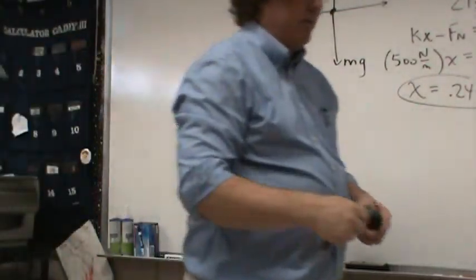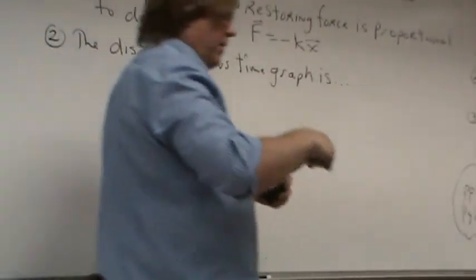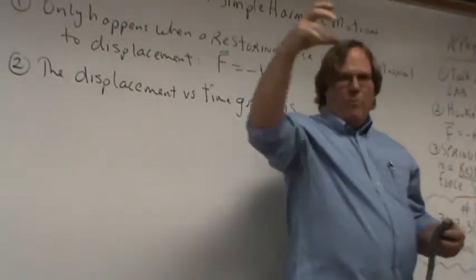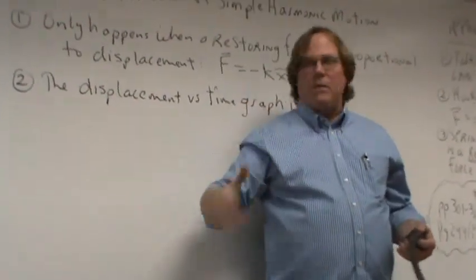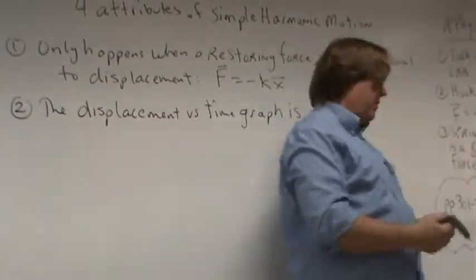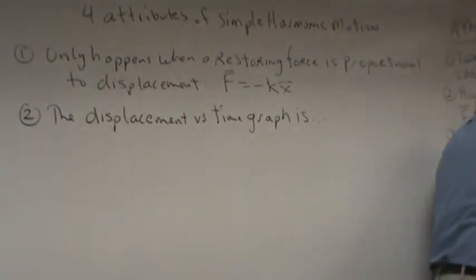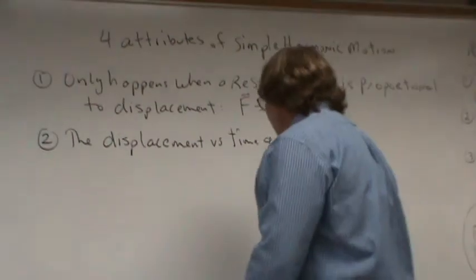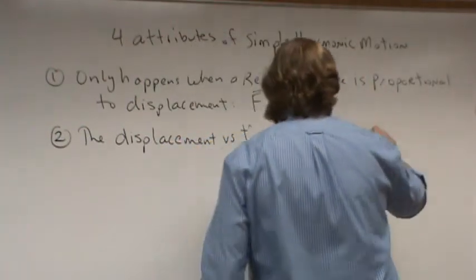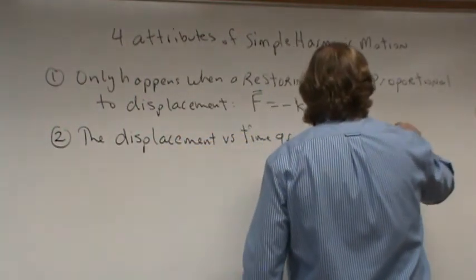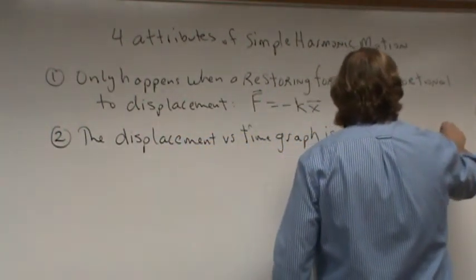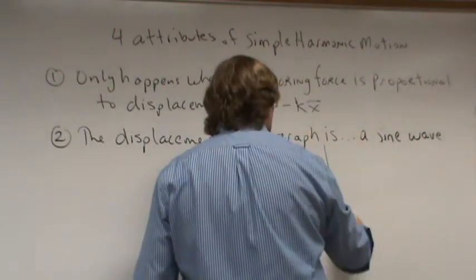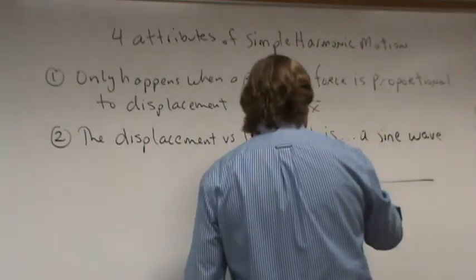Sine wave, yeah. I used to actually have an apparatus that I described. I had a mass and a spring and a pen attached to the mass. And it kind of worked, but then it broke. A student made it. It was really cool. So I want you to see that the displacement versus time graph is a sine wave. That is, it looks like this.